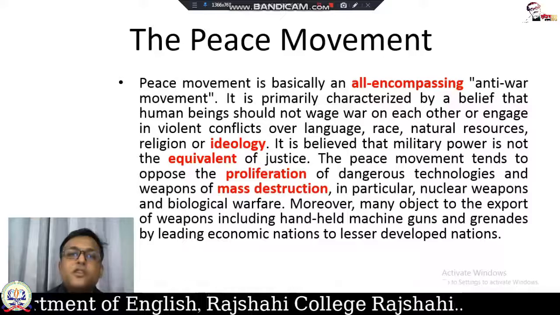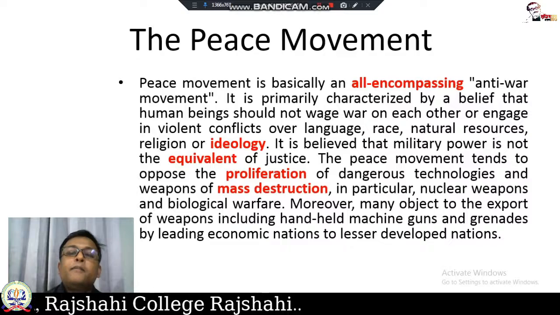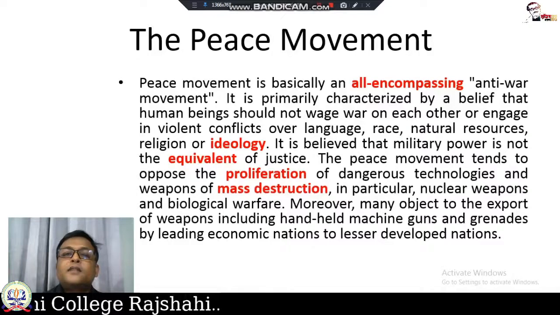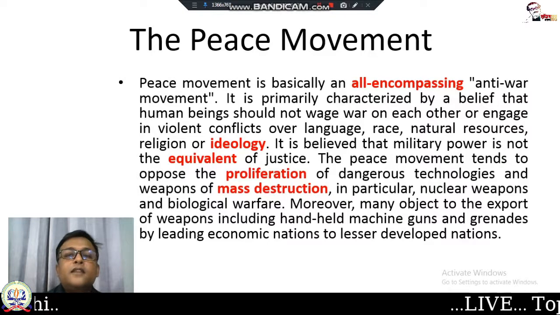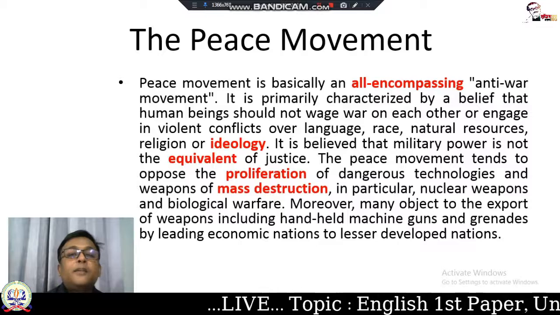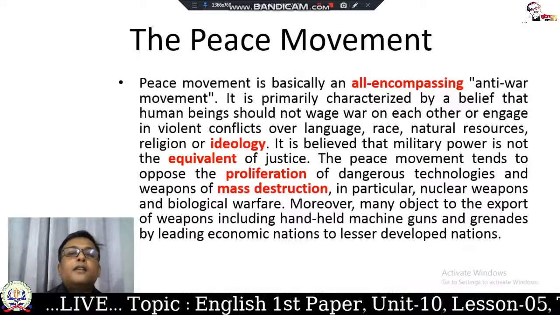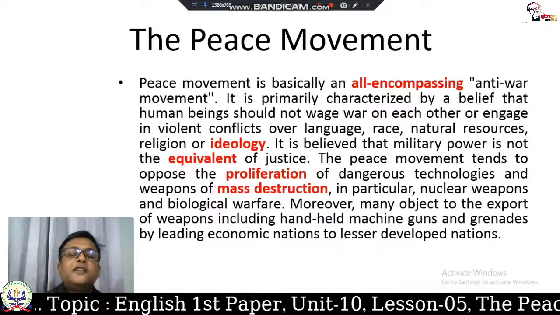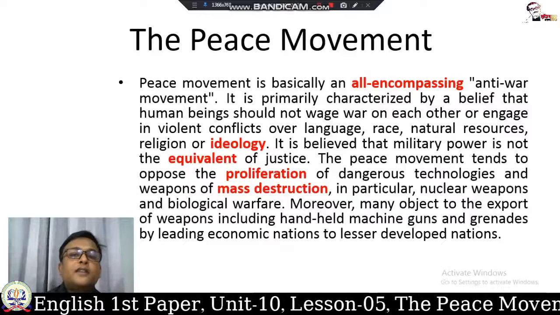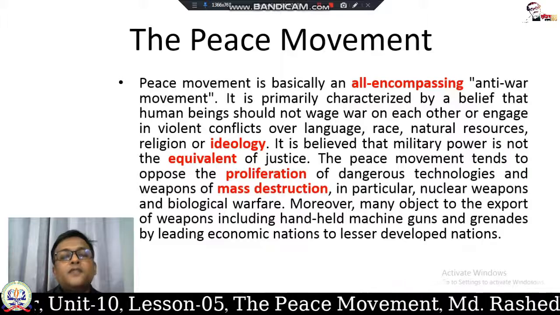Now, what is mass destruction? When the destruction is very, very big, right? Massive destruction. That means when you use nuclear weapons, the nuclear bombs, it can destroy the world in seconds. All right, and there are some powerful countries in the world with the nuclear power. They are a very dangerous threat to the existence of mankind because they can destroy mankind within seconds with their weapons of mass destruction.